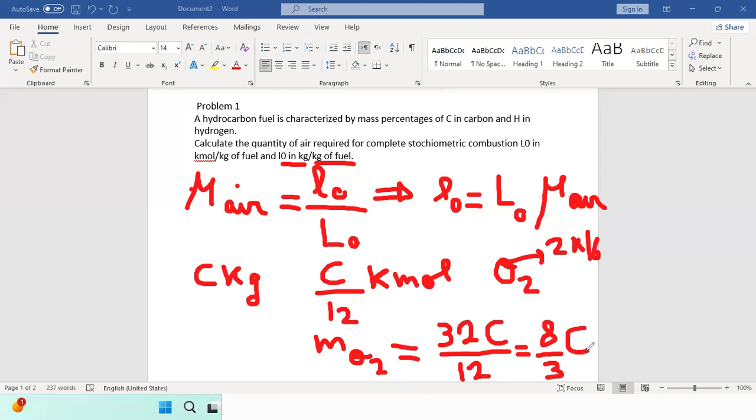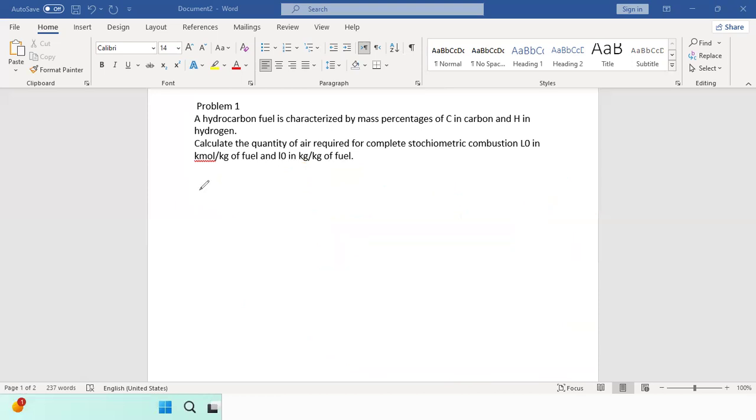Now, we also can evaluate the mass of oxygen required for combustion of H kilogram of H2. So we said that if we have H over 2 kilomole, which corresponds to H kilogram of H2, we'll need H over 4 kilomole of O2.